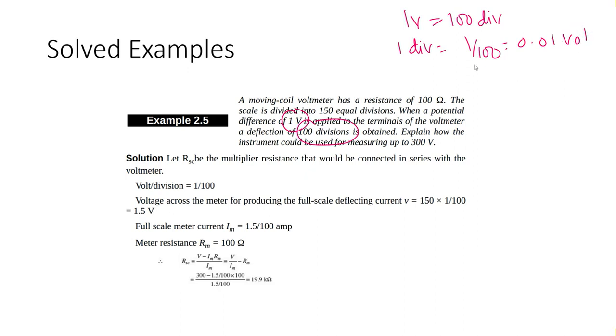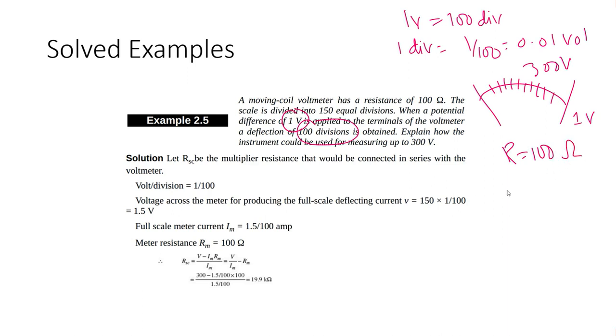So now what we want is that the full scale of this meter should measure 300 volts. So from 1 volt we want to convert it to 300 volts, and we already have its internal resistance. So R is 100 ohm.